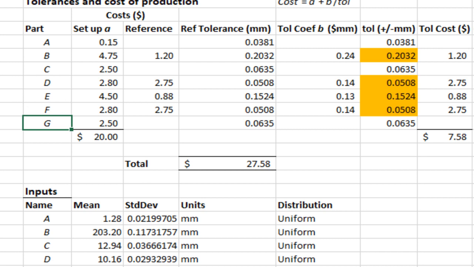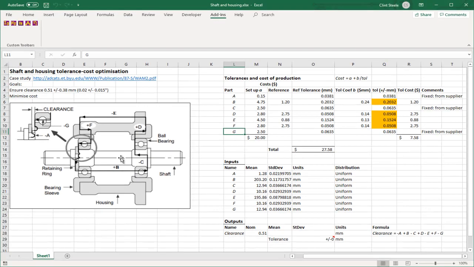However, the other parts here, such as the bearing sleeve, the housing and the shaft, these are things that are made in-house, and therefore there is some control over them. And that's what these other dimensions here are. So I've highlighted the variables that we can actually adjust. I'm assuming that these nominal dimensions for all these lengths are pretty much fixed because that gives us the functionality that we require.